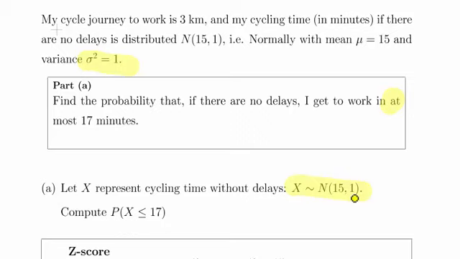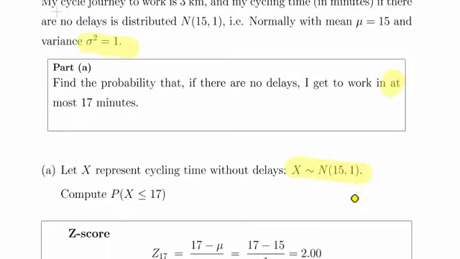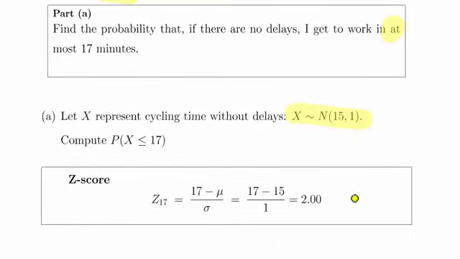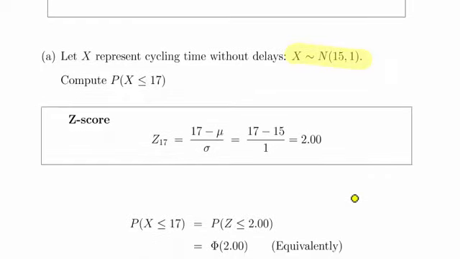And the question asks us, compute the probability that X is less than or equal to 17, does not exceed 17 minutes. So the z-score is the first thing we do. The z-score for 17 minutes is 17 minus mu over sigma, and here sigma is the standard deviation.